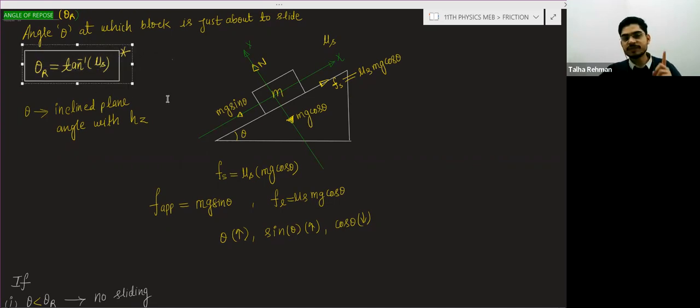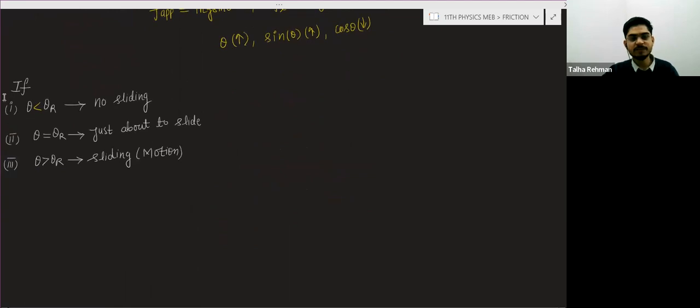The angle of repose depends upon the coefficient of friction between the block and the surface. The more the coefficient of friction between the block and the surface, the more the angle. Try to think about it.